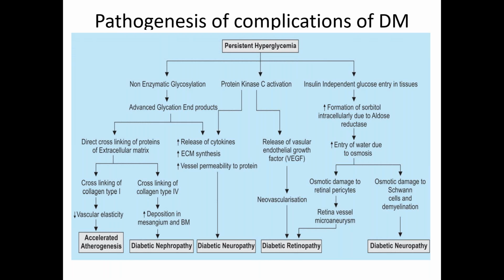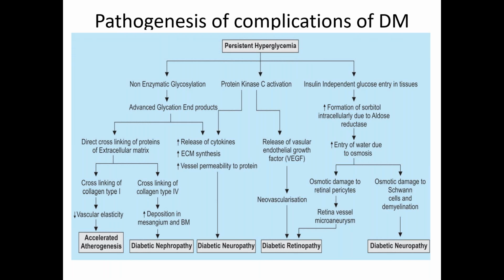So in the retina there is neovascularization. By protein kinase C activation, the hyperglycemia causes endothelial proliferation. That is called neovascularization. New blood vessel formation in the retina will lead to diabetic retinopathy.